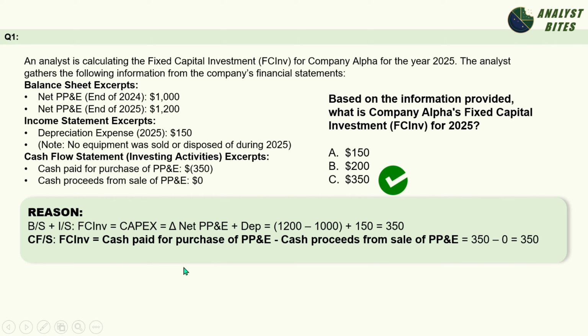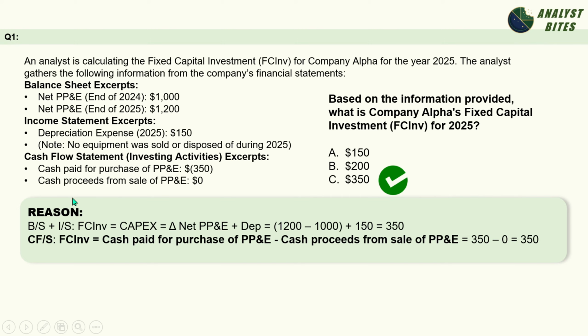That's option C. However, there is an even simpler way to calculate fixed capital by looking directly at the cash flow statement. You can see that cash paid for the purchase of equipment is listed as 350, and cash received from sale of the PP&E is 0. By simply subtracting these two, we get 350.